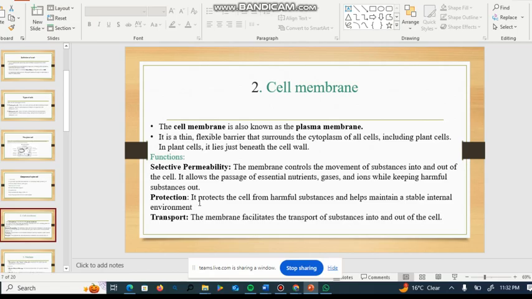Another function is protection. It protects the cell from harmful substances and helps maintain a stable internal environment. The third one is transport. The membrane facilitates the transport of substances into and out of the cell.